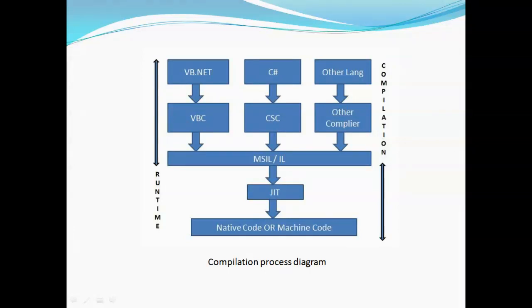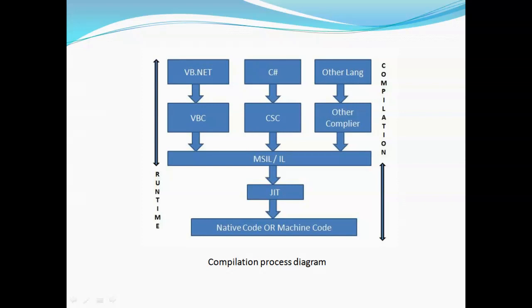Compile time process. The .NET Framework has one or more language compilers such as Visual Basic, C#, Visual C++, and many more. Any one of the compilers translates your source code into MSIL code.